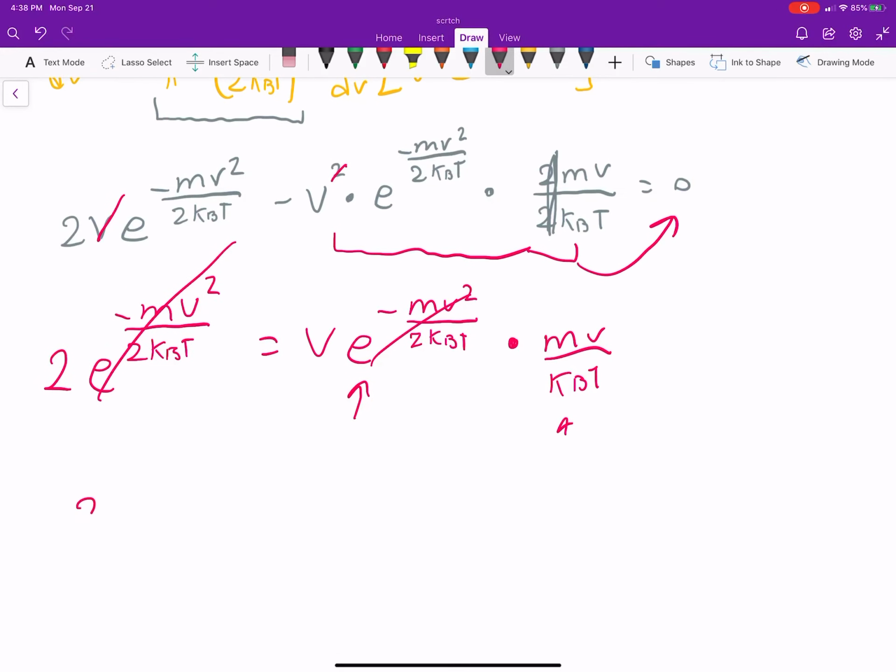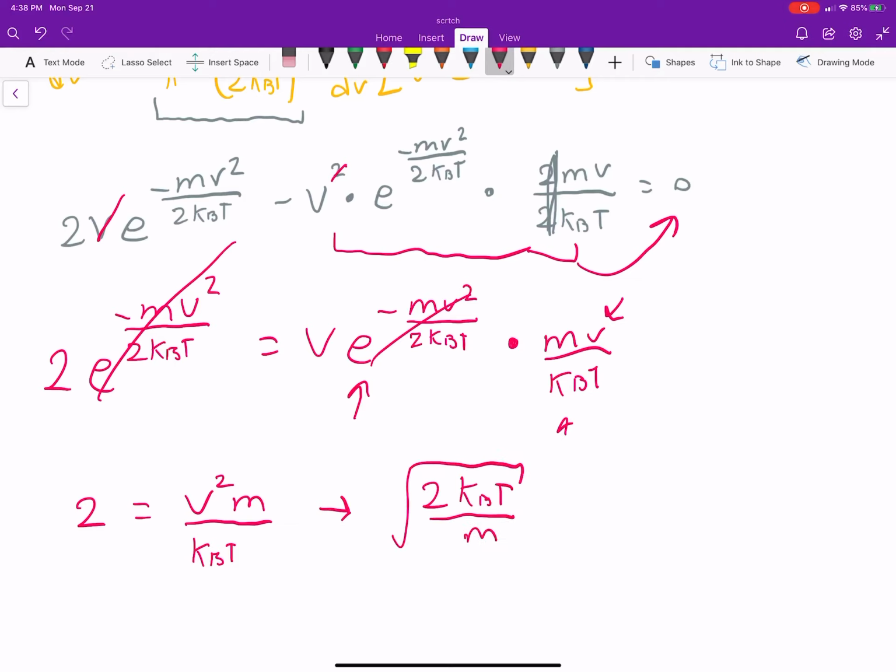And we get 2 equals, that's just going to be v squared, because there's also a v here, m over kbt, or the square root of 2 kbt divided by the mass is your velocity. And there we go, we showed it.